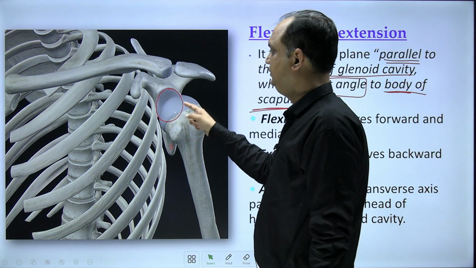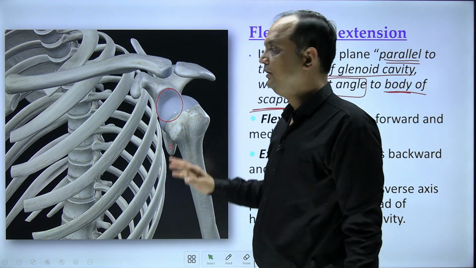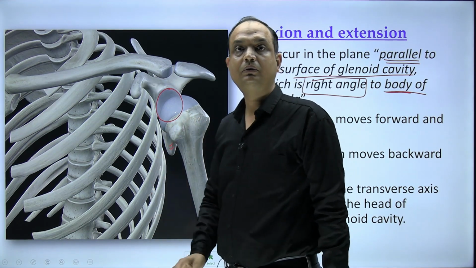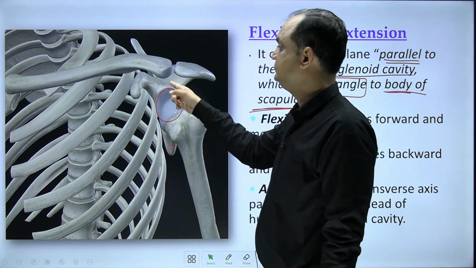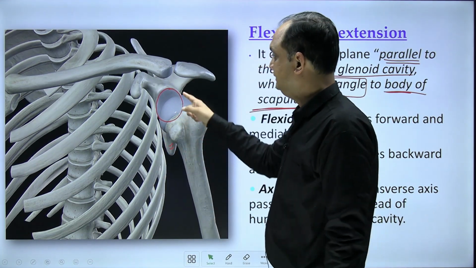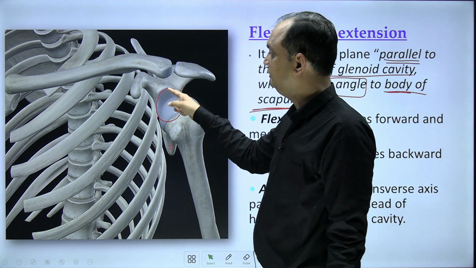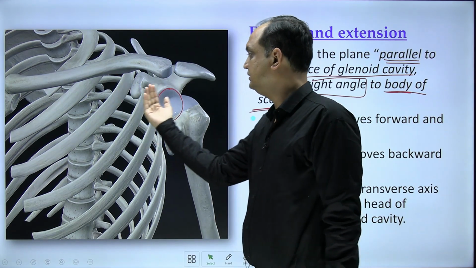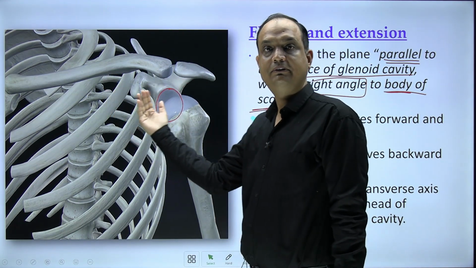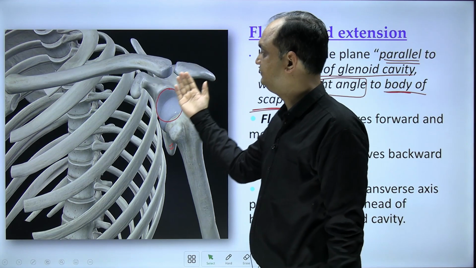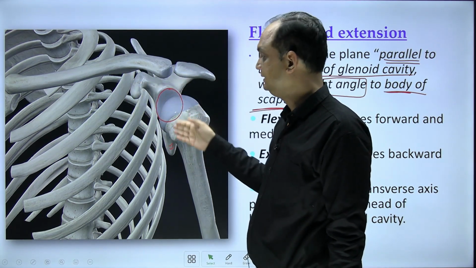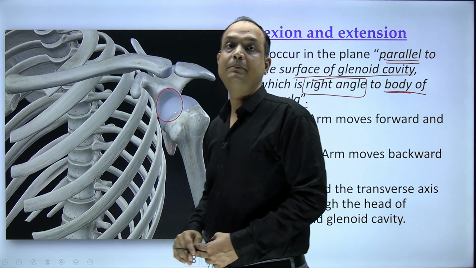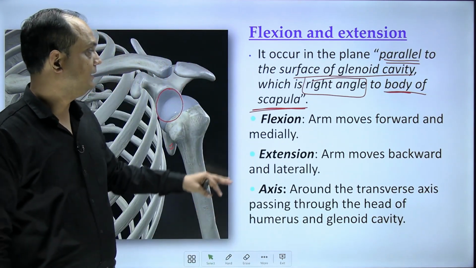Whenever we are talking about the plane, it is in reference to the scapula. This broader area, on the lateral angle, is the glenoid cavity. Flexion and extension occur parallel to the glenoid cavity, and at right angle to the scapular body or the plate of the scapula.